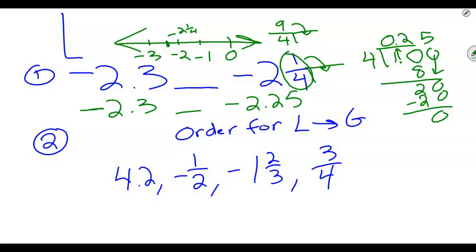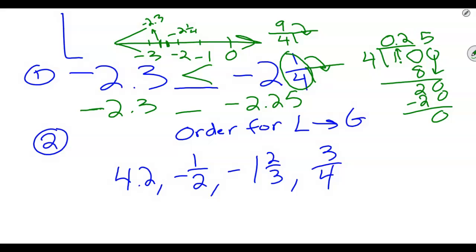Would -2 3/10 fall to the left or to the right of it? Helion? It would fall to the left. This right here, somewhere around there, would be -2 3/10. So -2 1/4 is farther right on the number line. You owe that person less, so that is great. You good with that? Okay. All right.